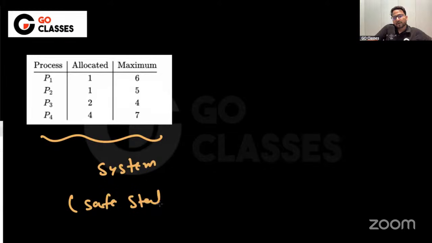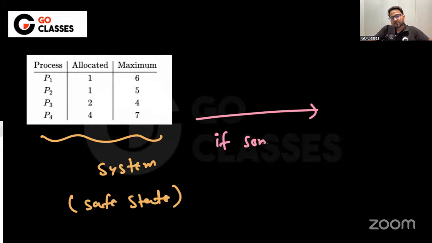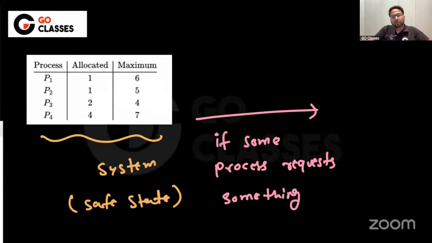Now how does the banker's algorithm work? If some process requests something, then you do one thing.